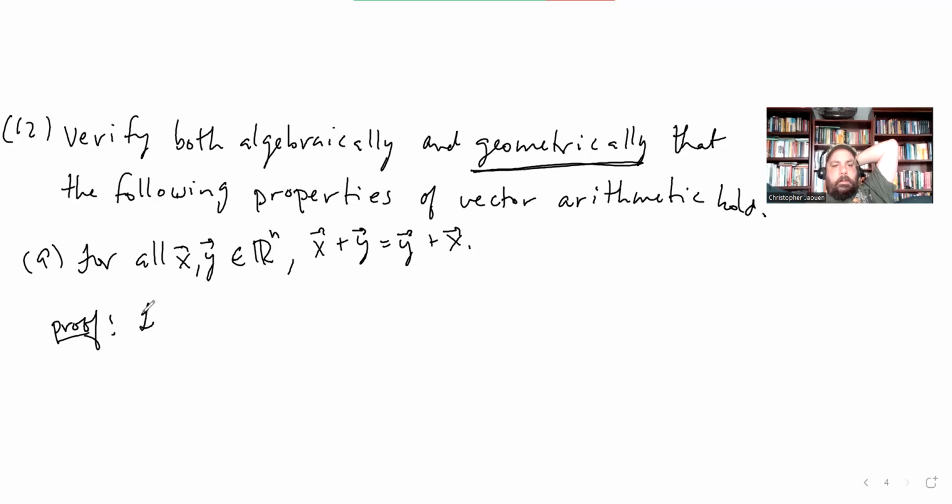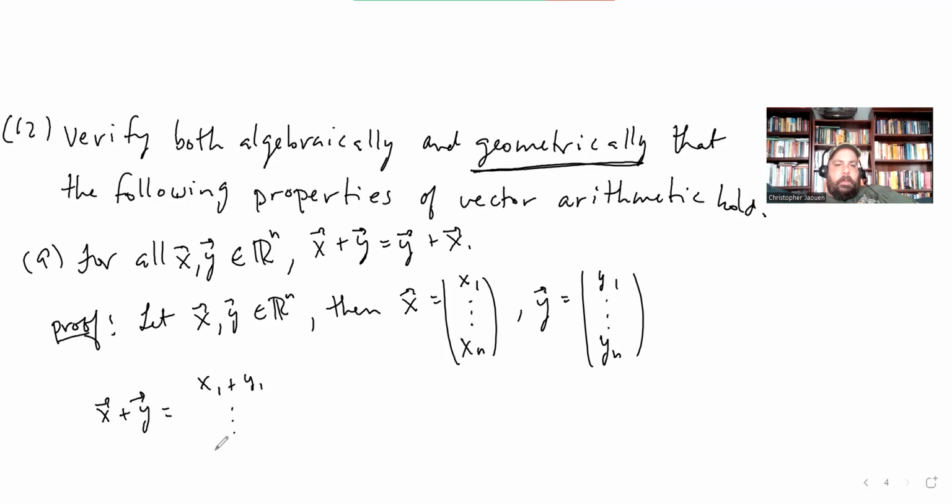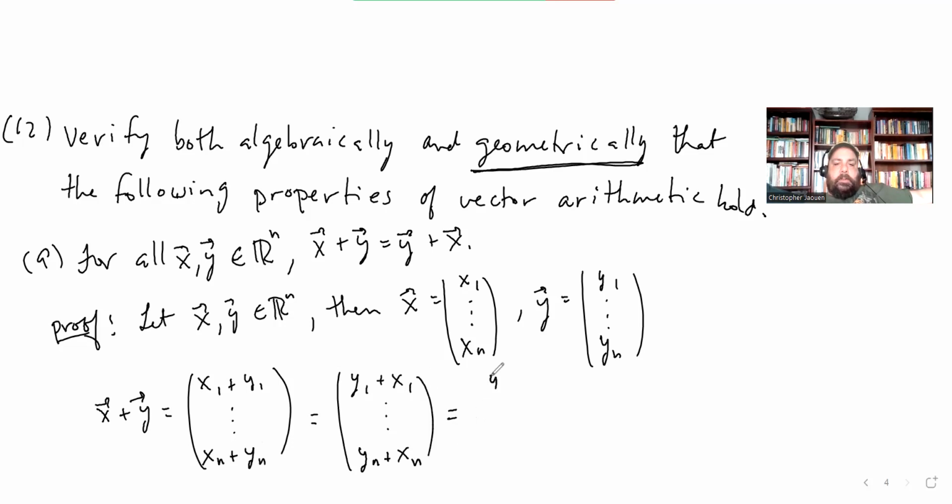Okay, so let x, y be in Rn, and x is an n-tuple, y is an n-tuple, and if we look at their sum, by the definition, you add component-wise, and each of these components is a sum of real numbers, and we know that the addition of real numbers is commutative, so I can move these around like this. And then I can break this up into a vector sum.